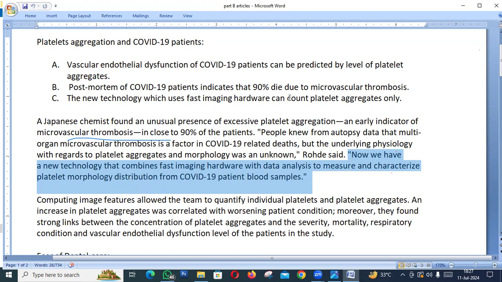So here I'm saying it can count platelet aggregates only. Morphology means the picture of platelets, how they are, the shape. So they don't only count, they also give information about morphology, about the shape.